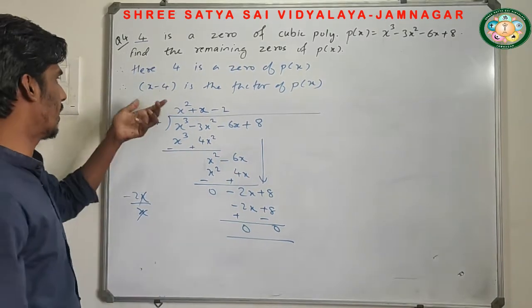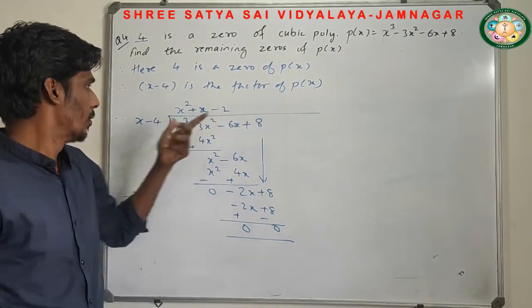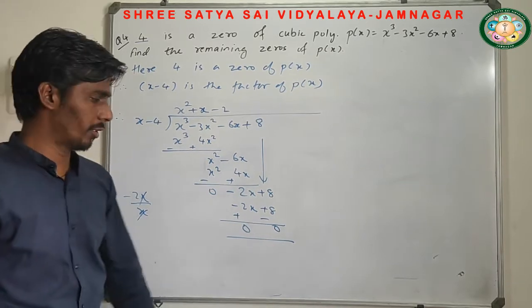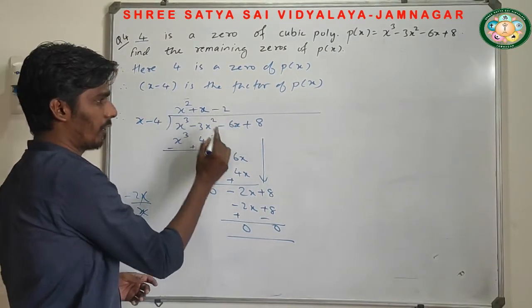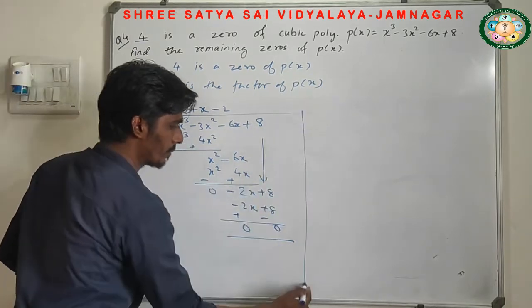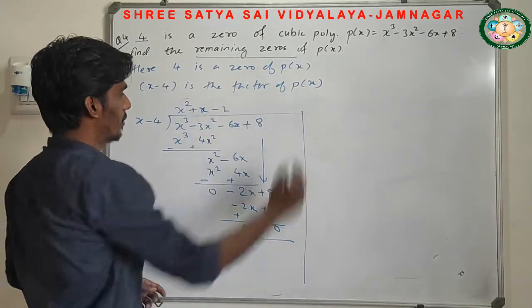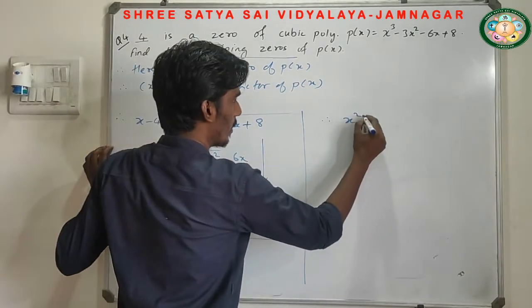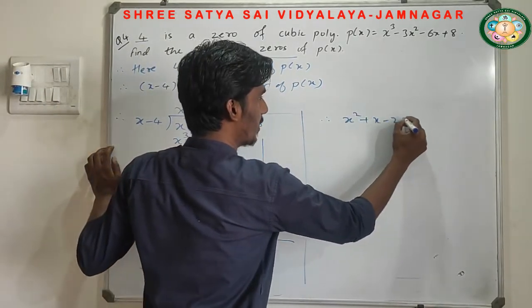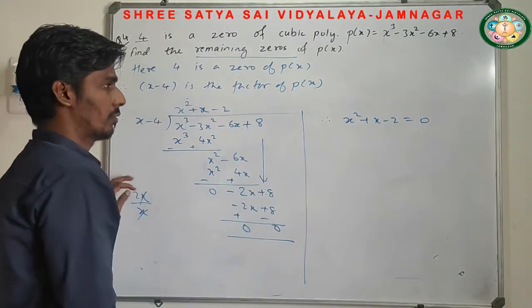Whenever we write that x minus 4 is a factor, by dividing we have to get zero only as a remainder. Now the quotient which I got, I have to factorize it to find the remaining zeros. Therefore x square plus x minus 2 equals to 0.